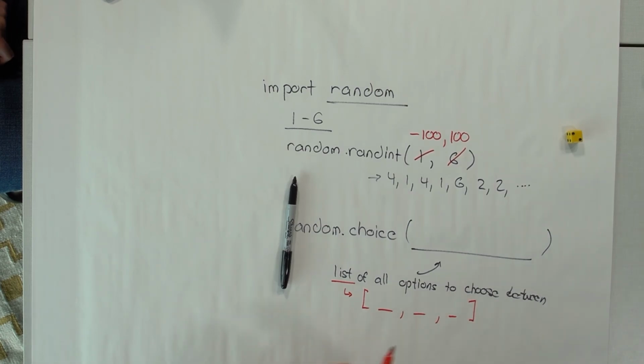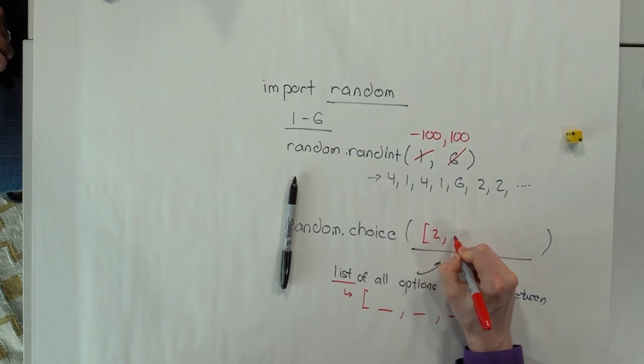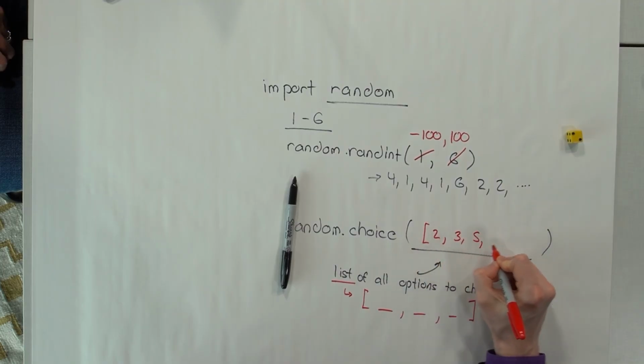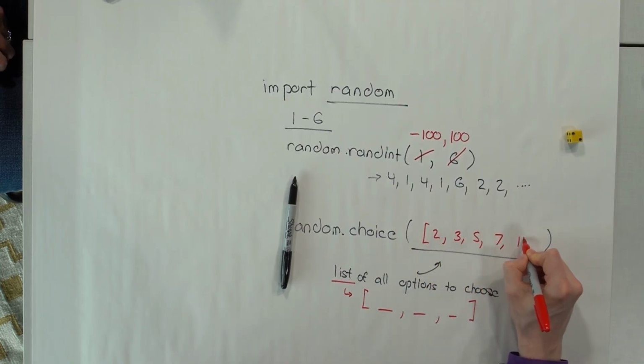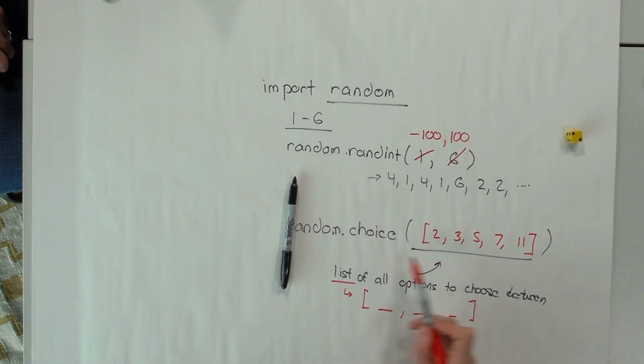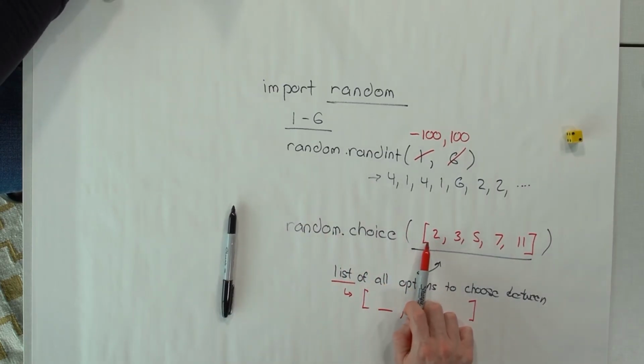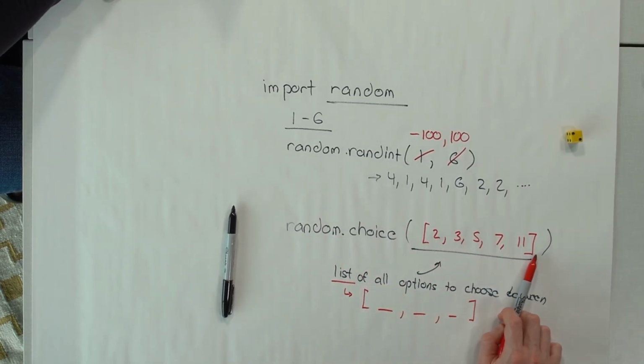So I can use either numbers or strings. I'm going to start out with numbers. OK, perfect. So I might want to choose between some prime numbers. So 2 is a prime, 3 is a prime, 5 is a prime, 7 is a prime, and 11 is a prime. So I believe these are the first 5 primes. And what we can do is choose a prime number between these first 5 primes by doing random.choice, open parentheses, square bracket 2, 3, 5, 7, 11, separated by commas, close the square brackets, then close the parentheses.